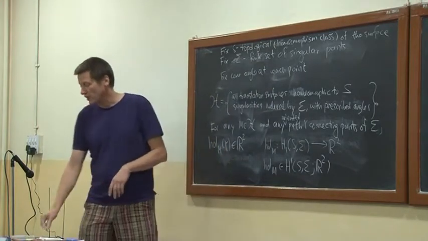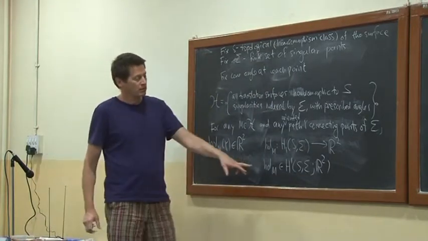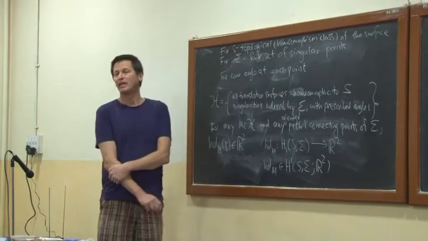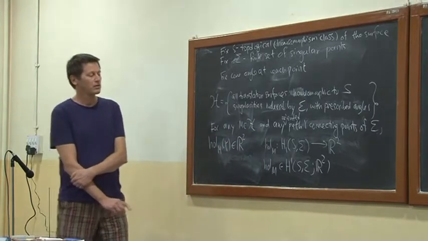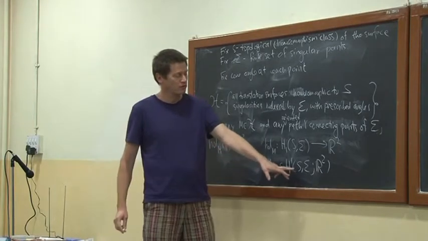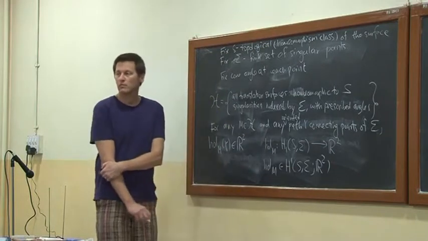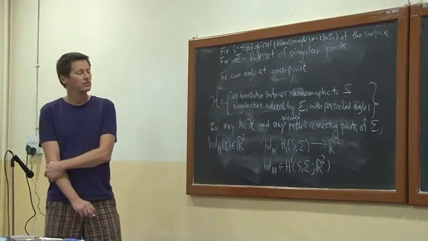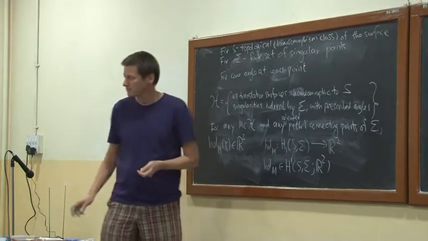So given a translation surface, I can find an element of the first cohomology group of S relative to sigma with coefficients in the plane.